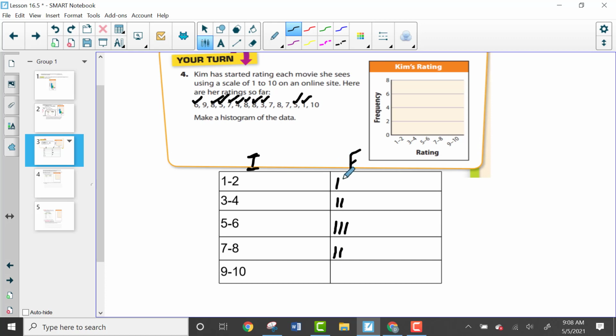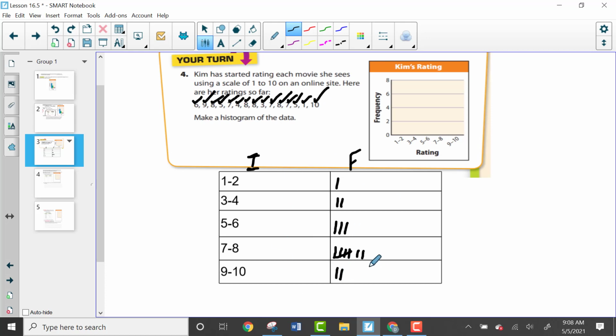There's 2 8s. There's a 7. There's another 8. And there's a 7. So we can see 7 total from 7 to 8. And then finally, 9 to 10, there's one 9, and then there's a 10. So we have 2 tallies for that.